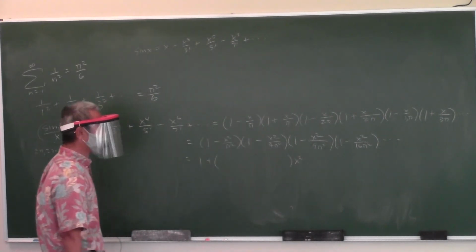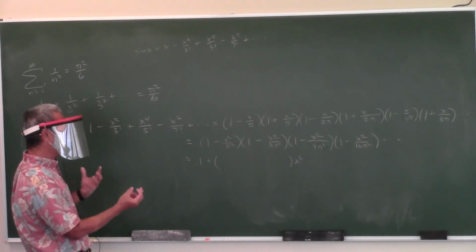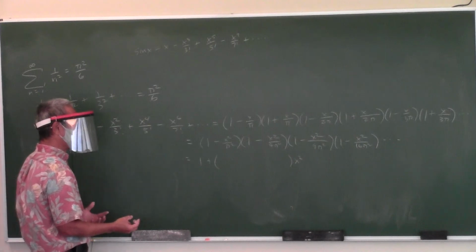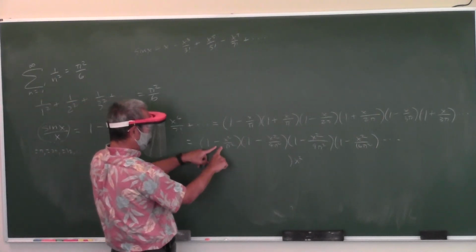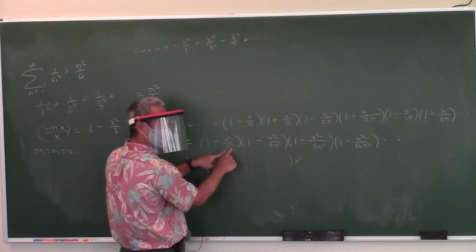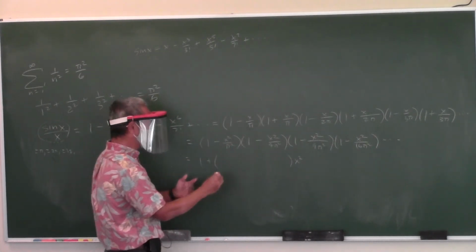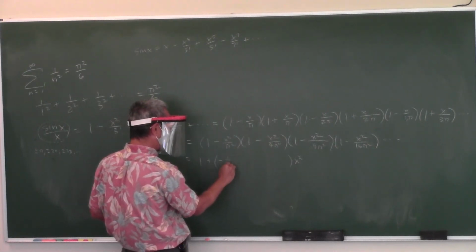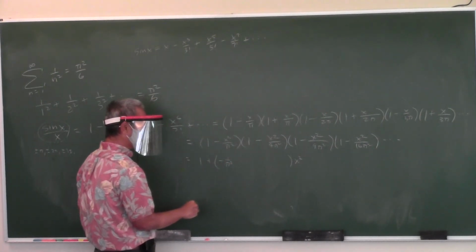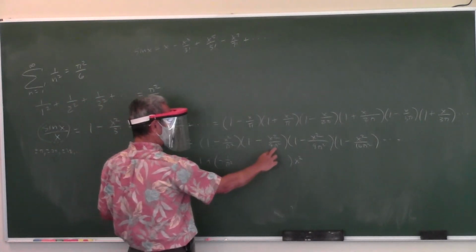What's the coefficient of x squared going to be? How do you get an x squared term out of here? One of them is going to be this one right here, when you multiply 1 times this. So minus 1 over pi squared, minus 1 over 4 pi squared, and then what about this one here?